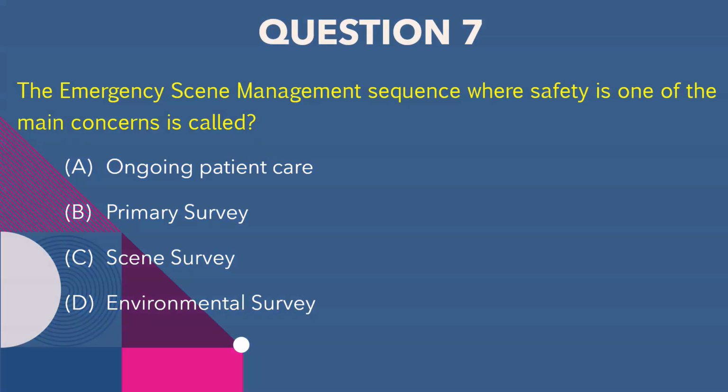Question 7. The emergency scene management sequence where safety is one of the main concerns is called: A. Ongoing patient care, B. Primary survey, C. Scene survey, D. Environmental survey.